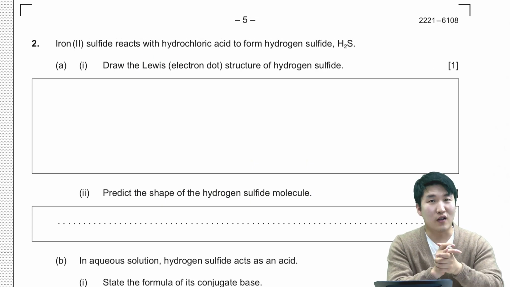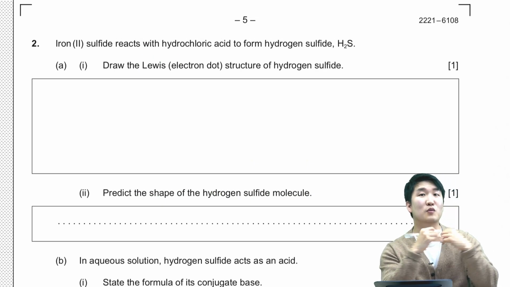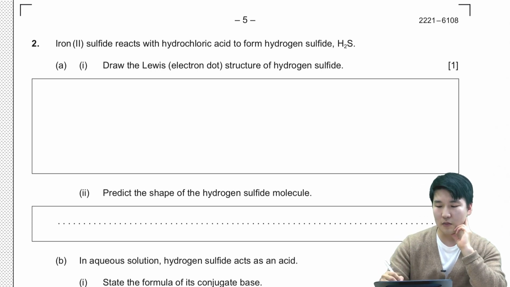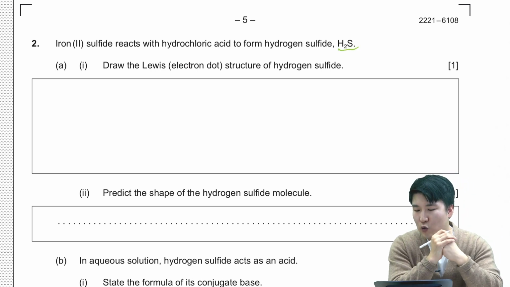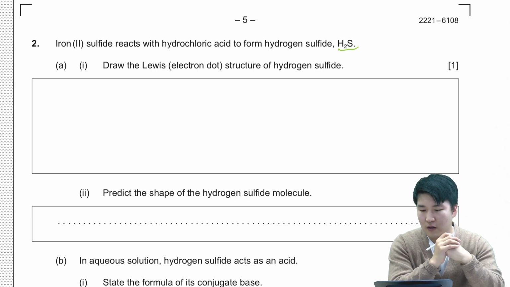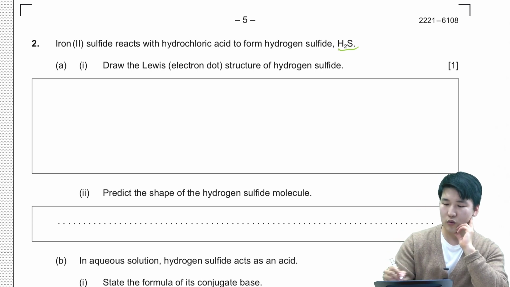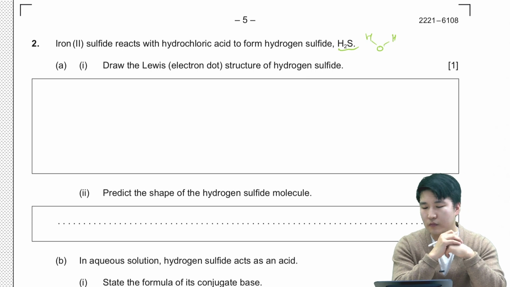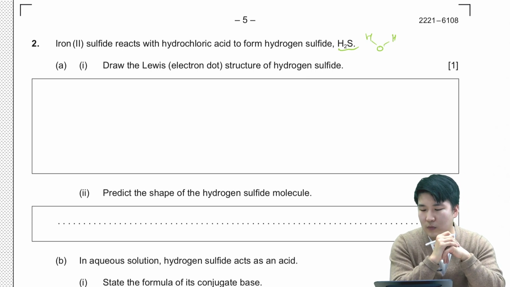First question is done. Now we're ready to move to the second question, about hydrogen sulfide. Again, sulfur is involved here. This time, sulfur is in a simple covalent structure with two hydrogens, very similar to oxygen, which would look like a bent shape.